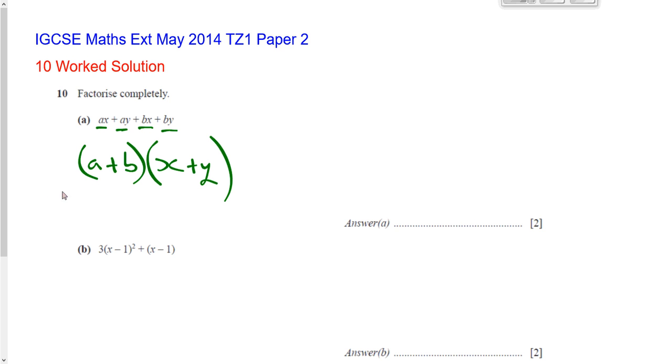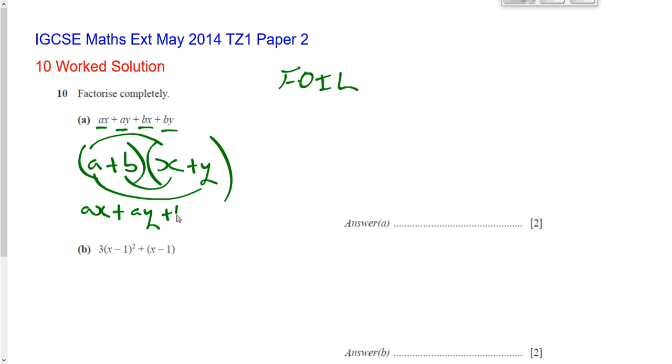Now we can double check our response here if need be by expanding it out using our friend FOIL, or Mr. FOIL. Mr. FOIL just tells us that we multiply the first one there, so that's going to be AX, and then multiply the outside plus AY, multiply the inside, plus BX, and then finally multiply the last, plus BY.